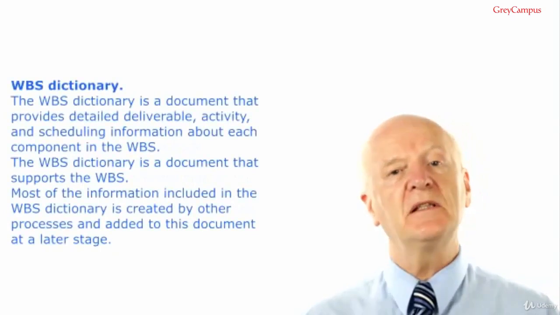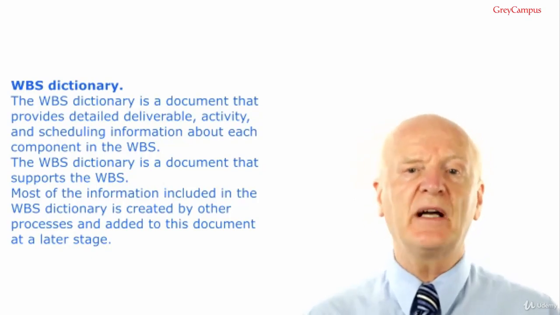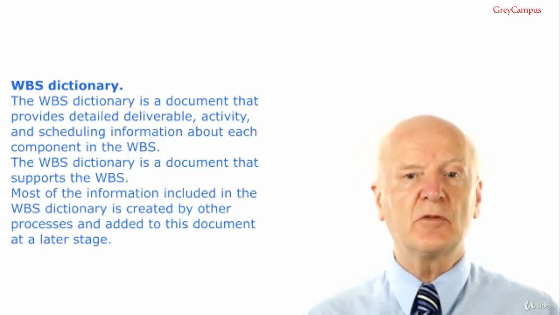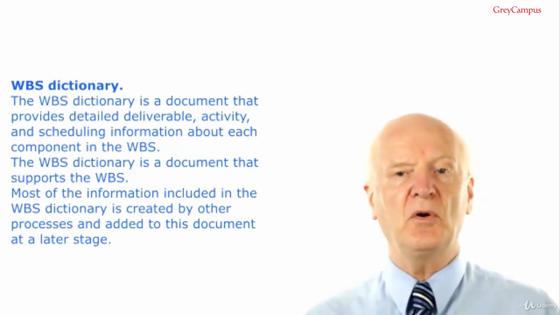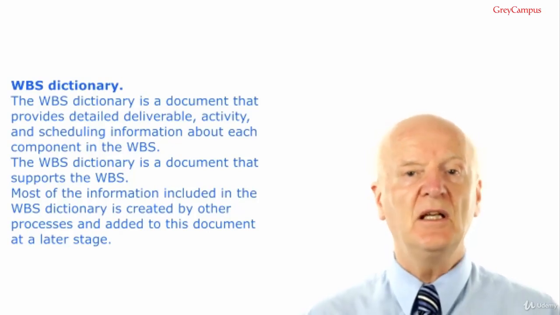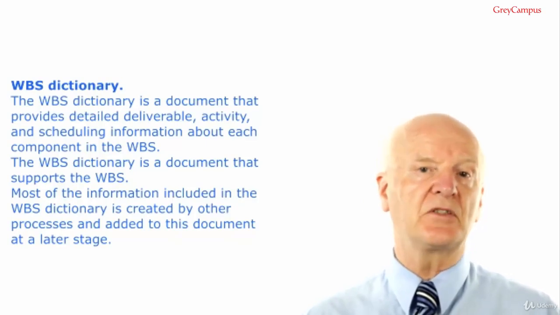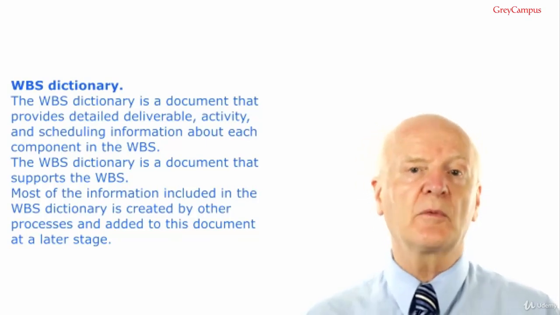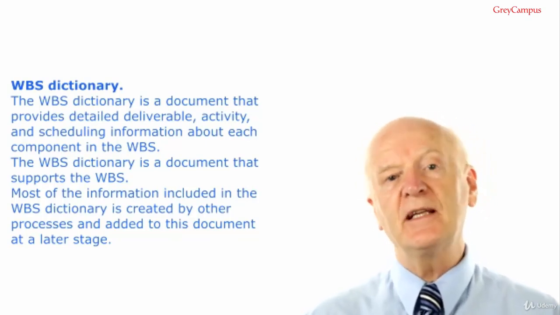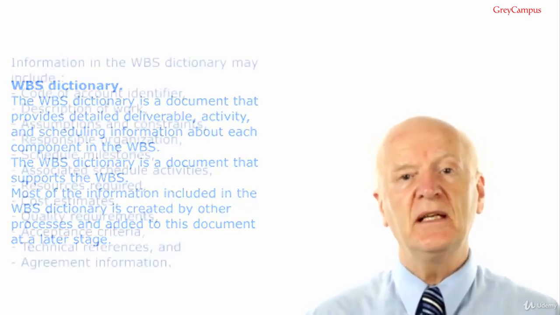Work breakdown structure dictionary. This is an important one as well. The work breakdown structure dictionary is a document that provides detailed deliverable, activity and scheduling information about each component in the work breakdown structure. It supports the work breakdown structure. Most of the information included in the dictionary is created by other processes and added to this document at a later stage.